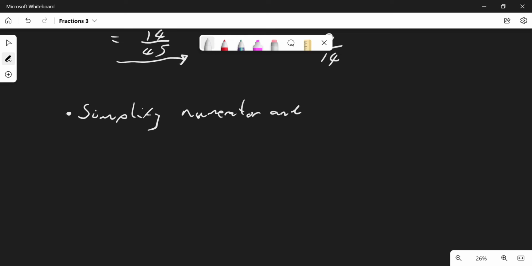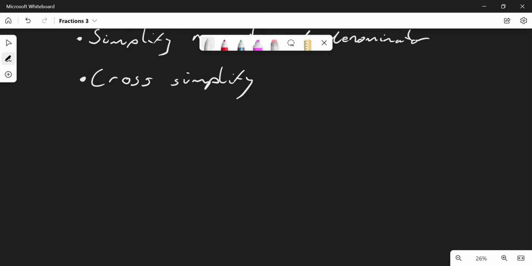And then the second type is you can cross simplify, keeping in mind this is only when you're multiplying. Division is a bit different. So what does cross simplifying mean?